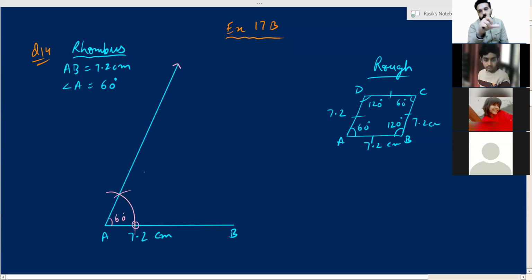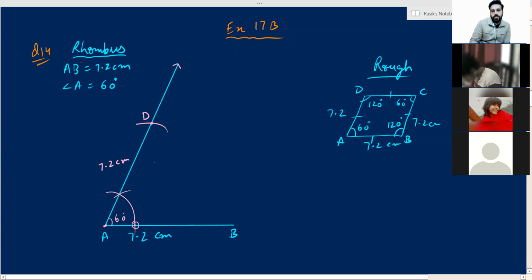So measure 7.2 centimeters in your compass, and from vertex A, keep your compass at vertex A and cut an arc here. So this will give you the vertex D. The arc is at a distance of 7.2 centimeters from vertex A.